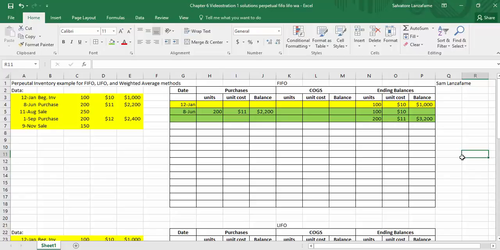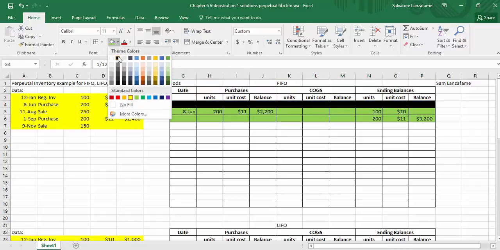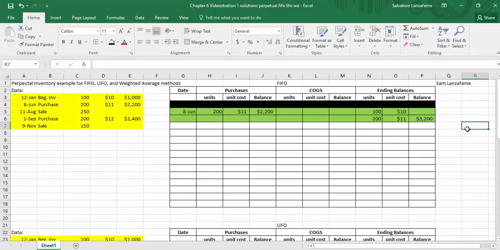You might be thinking, well, how stupid, why did I bother writing the 100 at 10 when I already had the 100 at 10? Again, pretend you can't see January 12th. Let me just hide this for a quick second, just so you can see what I'm saying. So imagine I put a piece of paper over all the dates but June 8th.